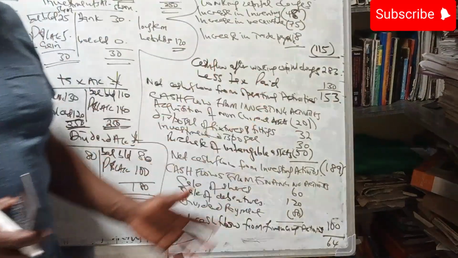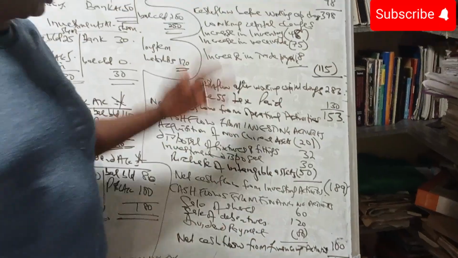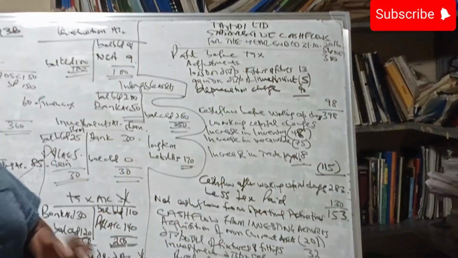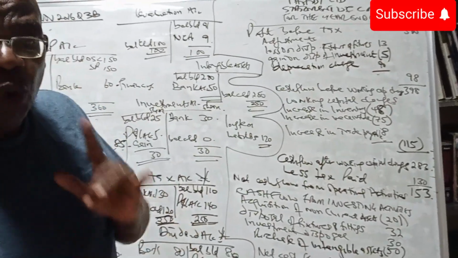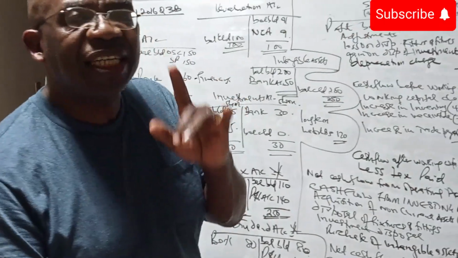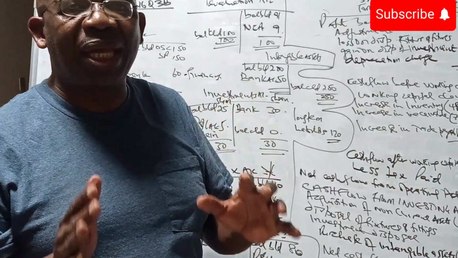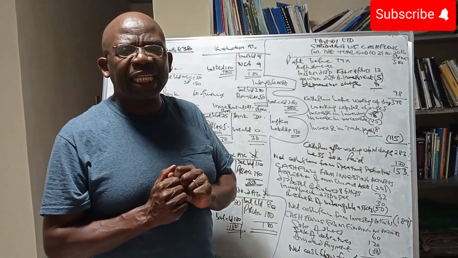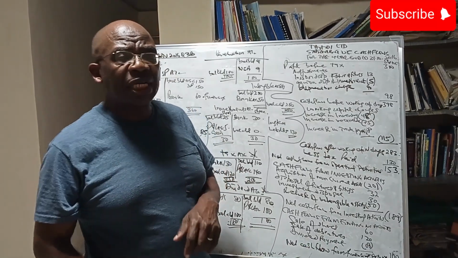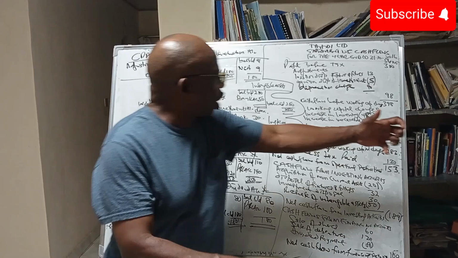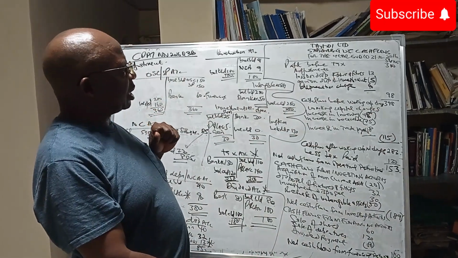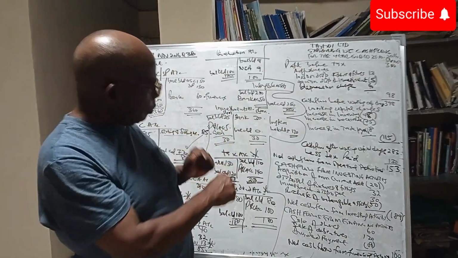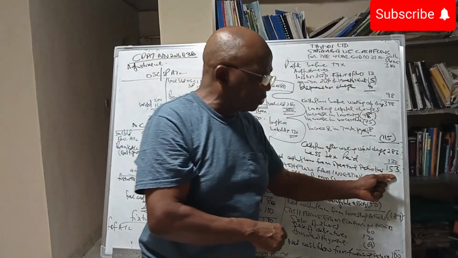So what are we saying here, ladies and gentlemen? We are assuming that we have not touched the money we had at the beginning of the period. Cash inflow from operating activities minus cash outflow, we get a net amount of 153.